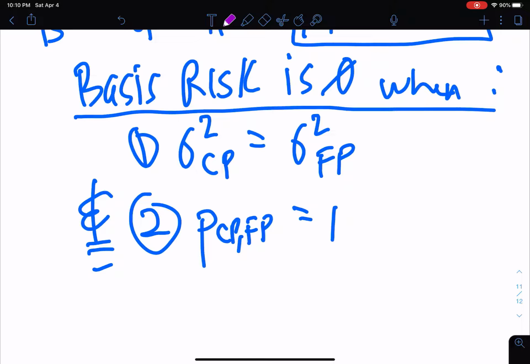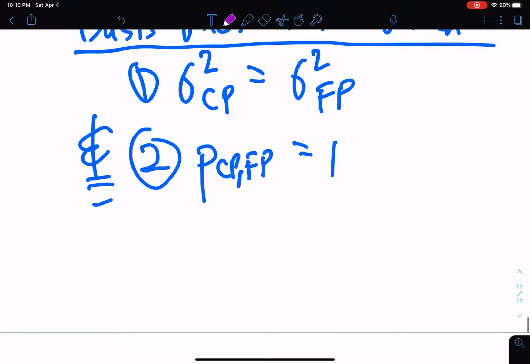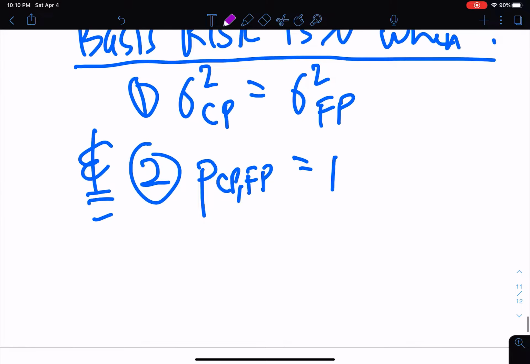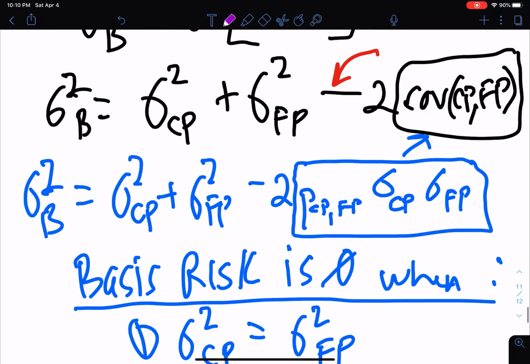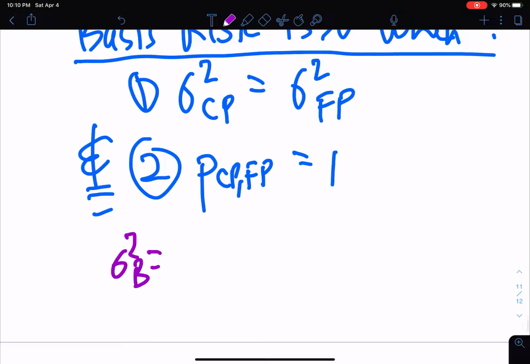Now, if this holds, then you might have an equation that looks like this. Variance of the basis equals variance of the cash price, let's say that's 4, plus variance of the futures price, let's say that's 4, minus 2 times the correlation coefficient, that's 1, times the standard deviation of the cash price, that's 2, times the standard deviation of the futures price, that's 2.